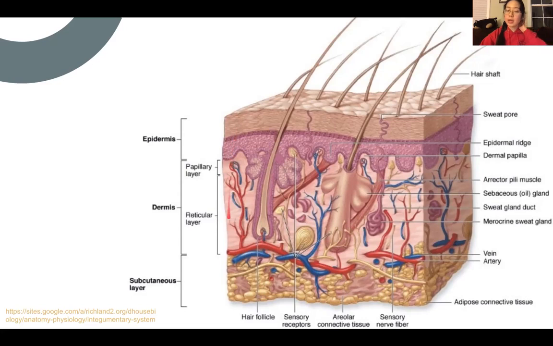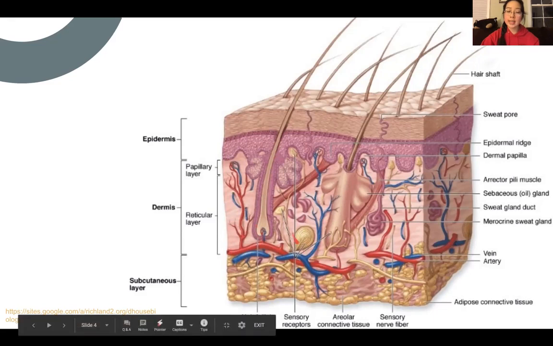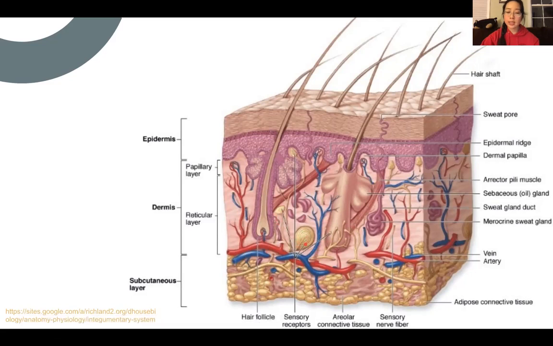The dermis is mostly made up of connective tissue, and it contains a lot of other different types of tissue within it. For example, you'll notice that the hair root is located within the dermis. You have a lot of blood vessels and some nerve endings right here in the dermis. All these funny looking yellow things are sensory receptors. You have hair follicles also, as I mentioned.